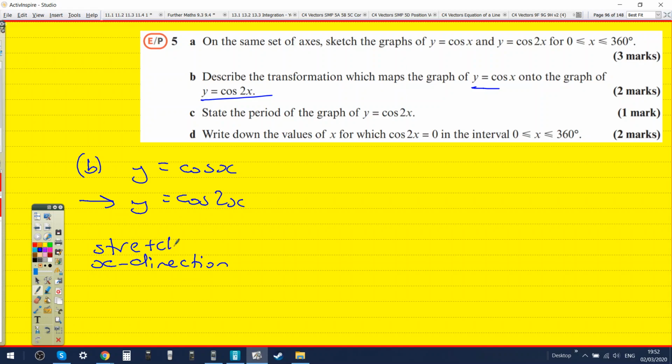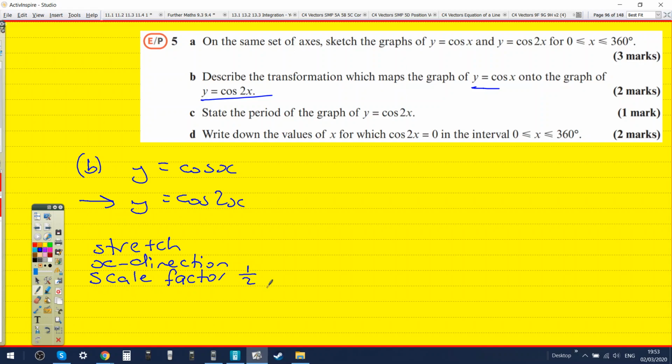Right. So if the numbers are multiplied by something, then it's a stretch. Multiply or divide. X direction, what scale factor? What's the scale factor of the transformation? Is it just times 2?